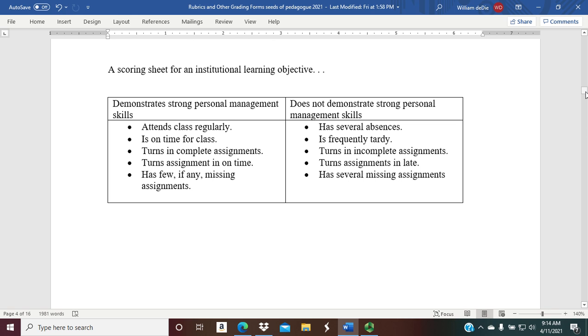They attend class regularly, are on time for class, and complete assignments. The assignments are completed and turned in on time, and there are few, if any, missing assignments. Any student who meets any of the bullets on the right-hand side, several absences, frequent tardies, incomplete, late, or missing assignments, would be a no to meeting this objective of strong personal management skills.